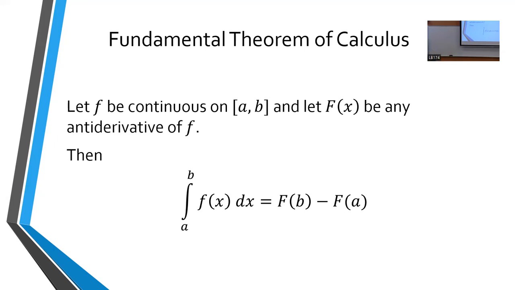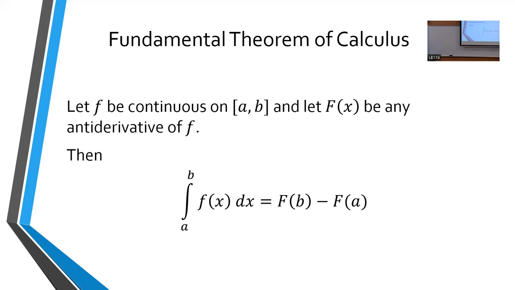If I have a nice continuous function on a closed interval from A to B, then the signed area of lowercase f of x can be calculated by taking the antiderivative, plugging in B, and then subtracting, plugging in A into that antiderivative.